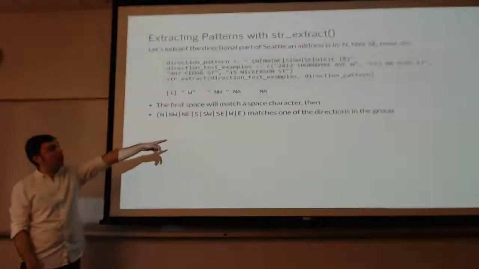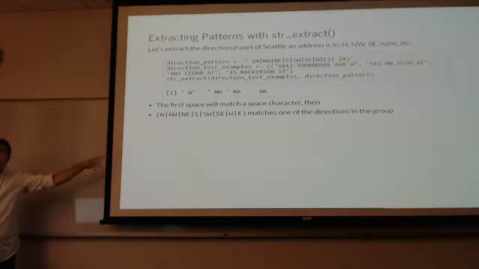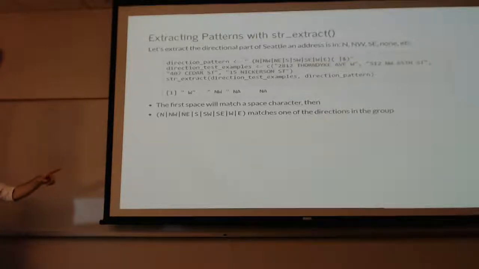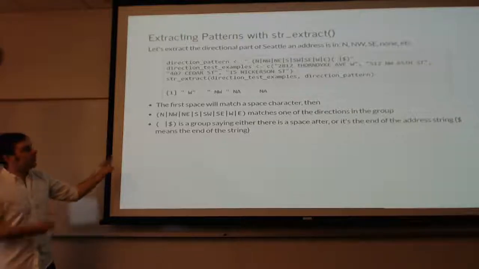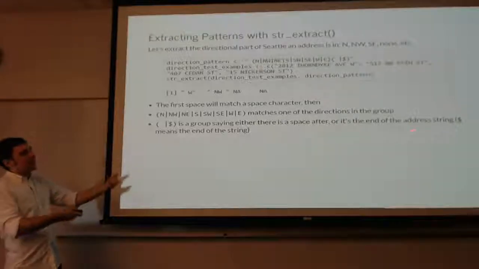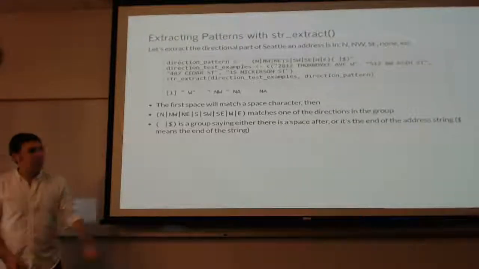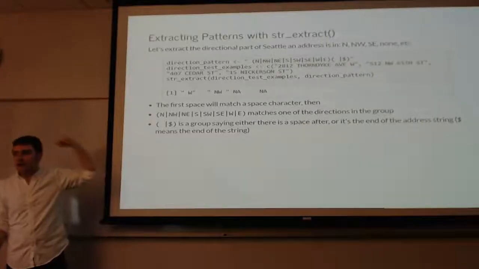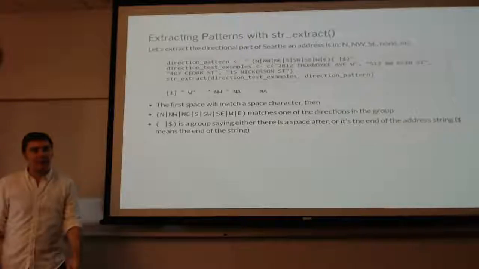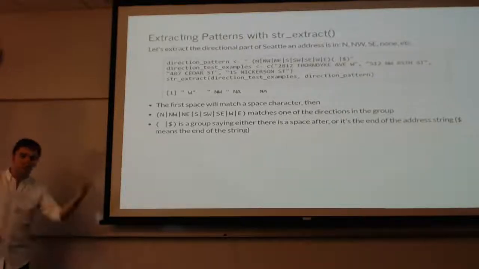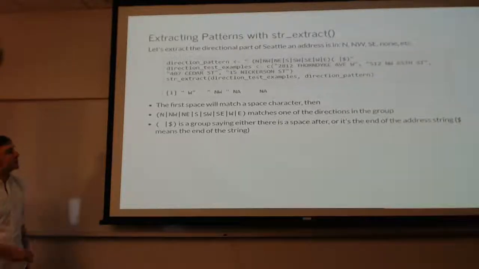This matches any one of the directions in the group, just one. There should only be one in any given address. And then that is a group saying there's either a space after it or it's the end of the address. So the caret anchors the beginning of a string, and the $ sign anchors the end of a string. If you want to search for either a caret or a $ sign literally, two backslashes in front of it will let you search for it literally.